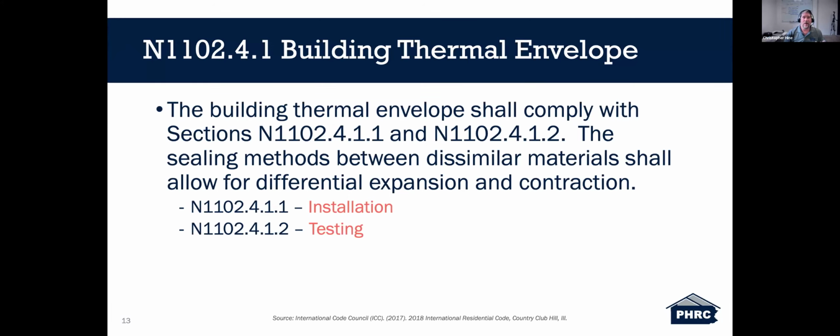So if one moves more than the other, there's the possibility that there could be cracks opening up, gaps where air can move through. If you've attended any of my sessions prior, I've stated that water typically moves, and this is a good concept to keep in mind through this presentation, that water, when we're talking water resistive barriers and things of that nature, tends to move based on gravity, right?